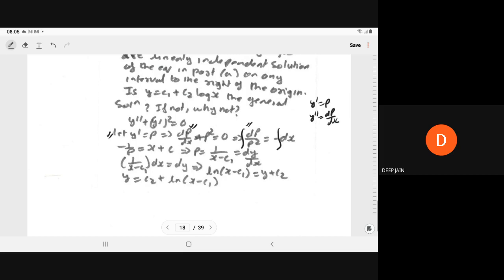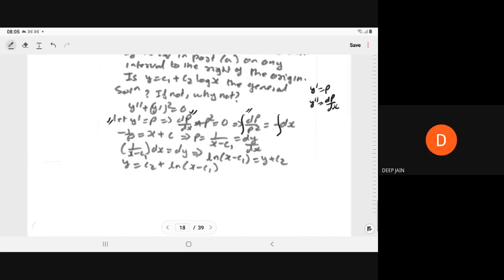When we separate the variables, it will become dp upon p square is equal to minus dx, and then we integrate on both sides. So it will give you minus 1 upon p is equal to x plus c, or you can say c1. So from here we can write p is equal to 1 upon x minus c1. Sir, it will be minus x there. Sir, minus 1 upon p is equal to x.